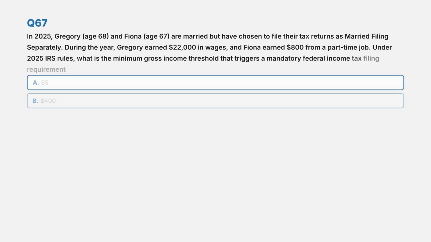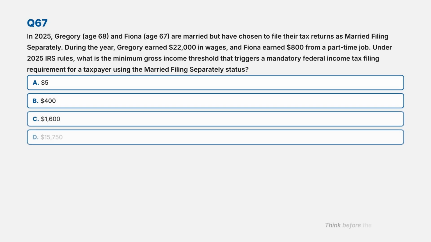Question 67. Here's the scenario. In 2025, Gregory, age 68, and Fiona, age 67, are married but have chosen to file their tax returns as married, filing separately. During the year, Gregory earned $22,000 in wages and Fiona earned $800 from a part-time job.